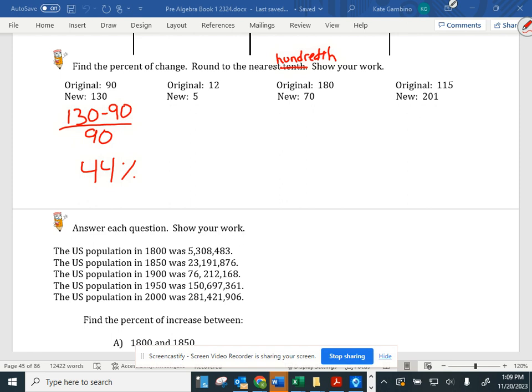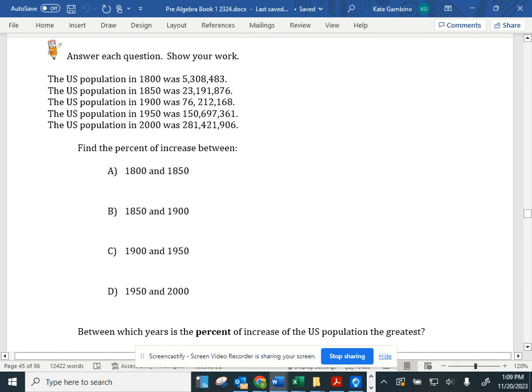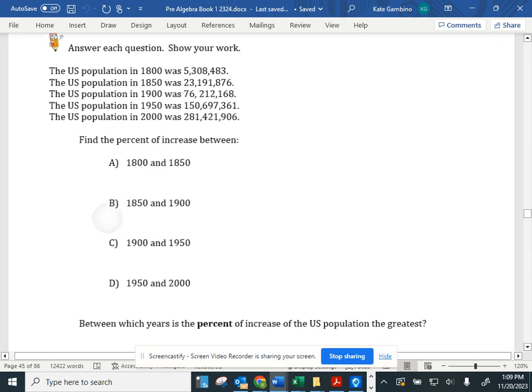On this, you're going to do the last three on your own. Do we understand how to use the equation? Yes. Okay, so on the second page, we want to show our work. You're going to write out what the equation is that you're doing. We're going to find our answers from the information they give us.